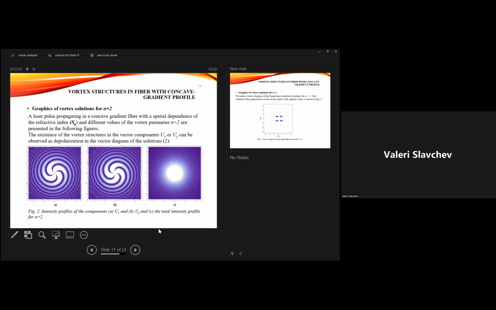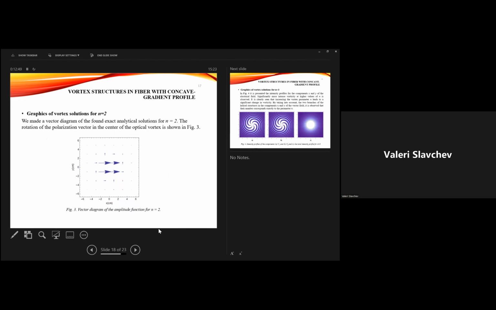And again, these vortex structures exist only in the vector components Ux and Uy, and disappear in the total intensity profile. We also made the vector diagram for the found exact analytical solution, first for the case n equals 2. There we also have rotation of the polarization vector in the center of the optical vortex.